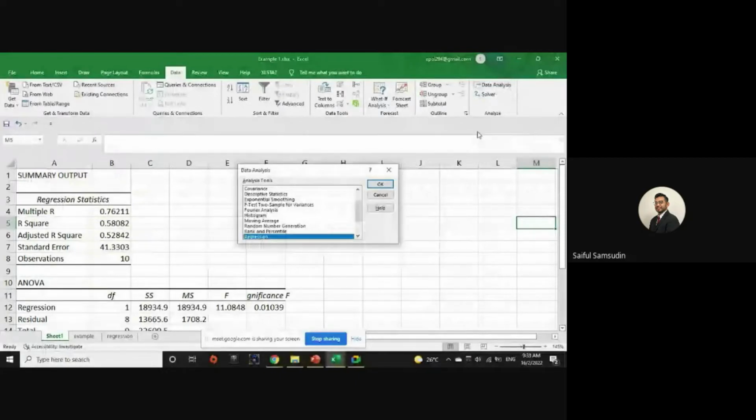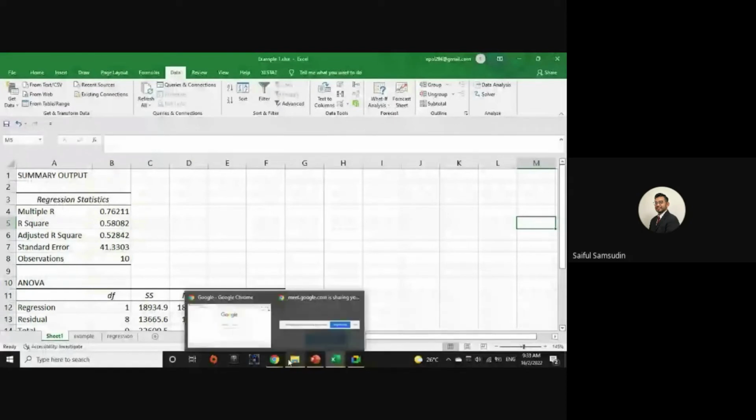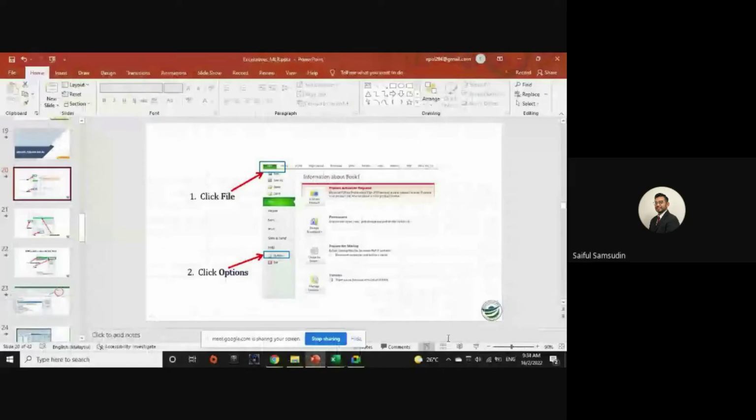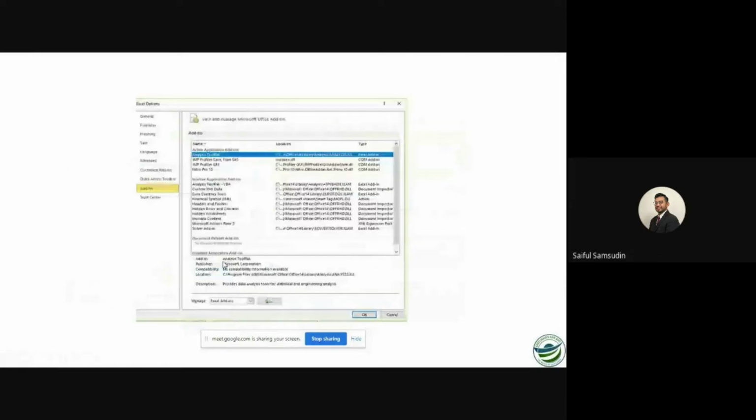Okay, we go step by step. First, you go to File, and then you click Options. In the Excel Options, we have several categories like General, Formulas, Proofing. So you just go to Add-ins, and then you find Analysis ToolPak.